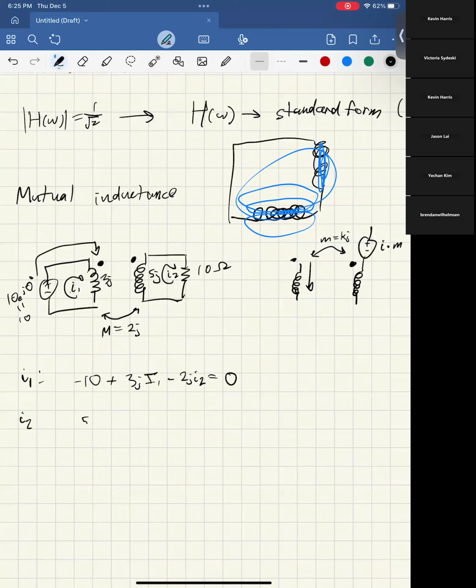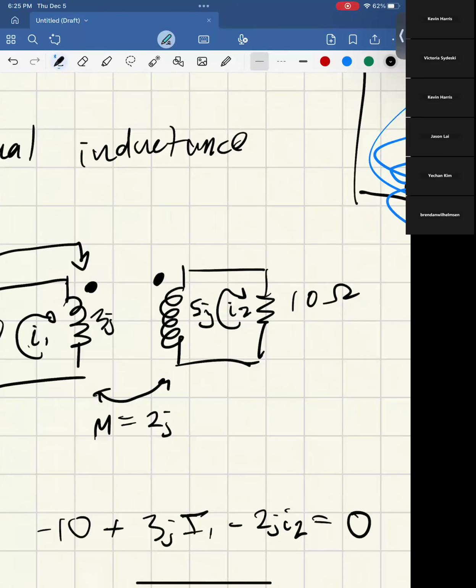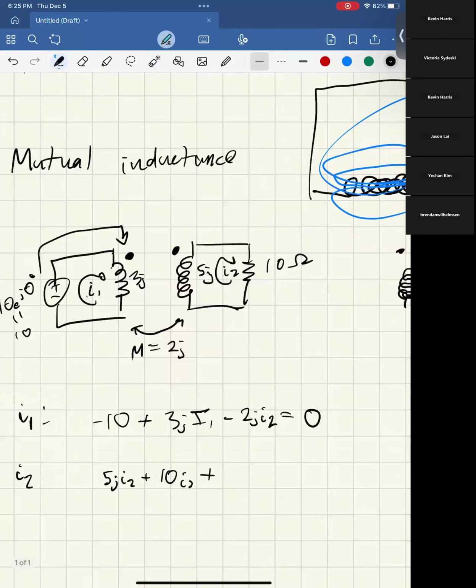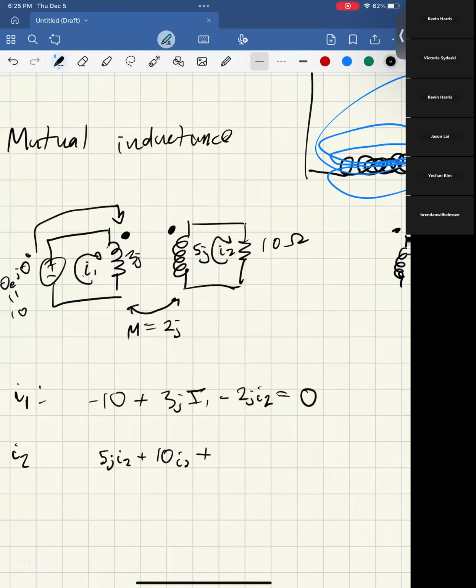It would just be 5j I2 plus 10 I2 plus now this mutual inductance on this side will account for the field coming out of this side and inducing something in this one. So it would be plus, this time though it is plus, actually I think it'll be minus as well here, just because of the direction we're going in.